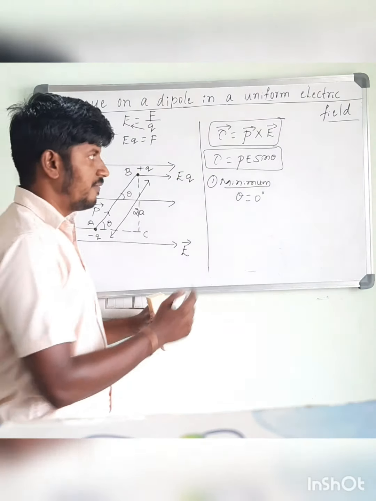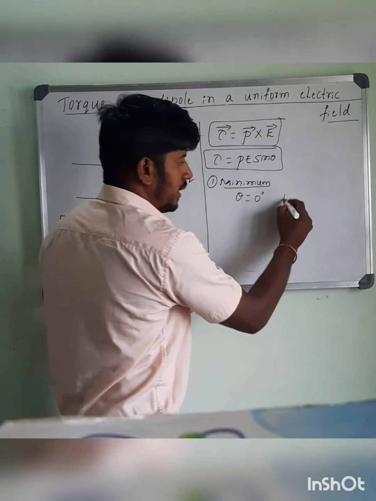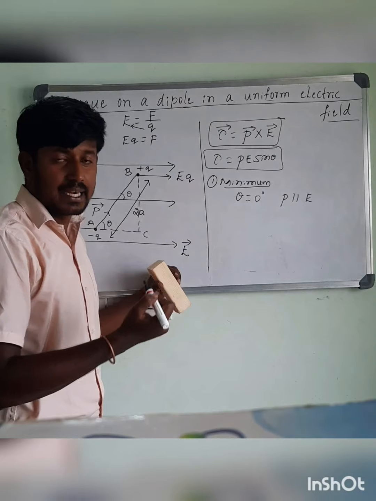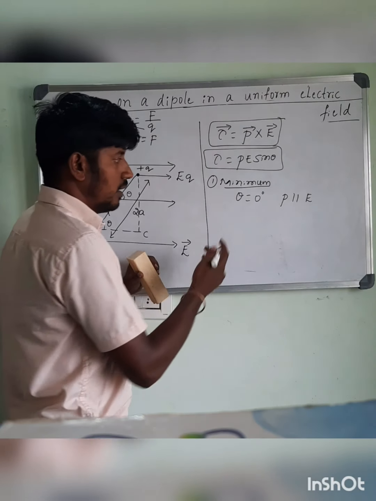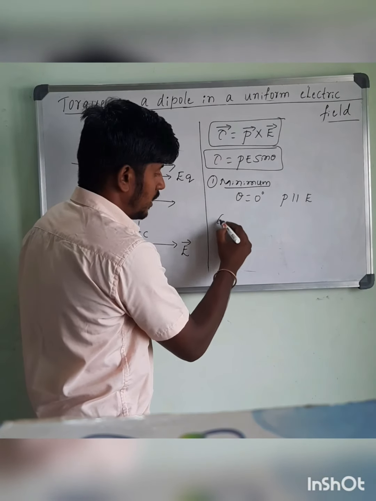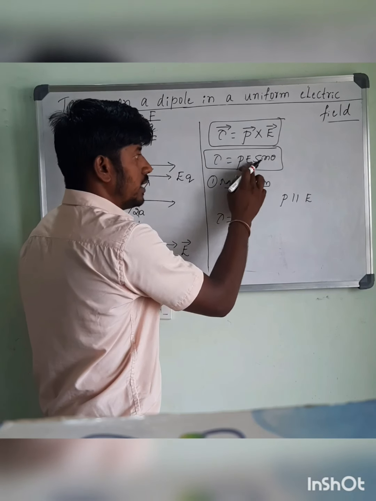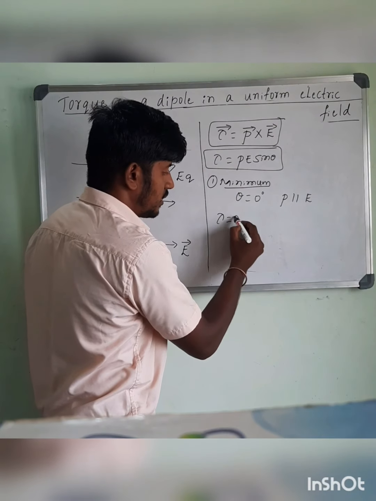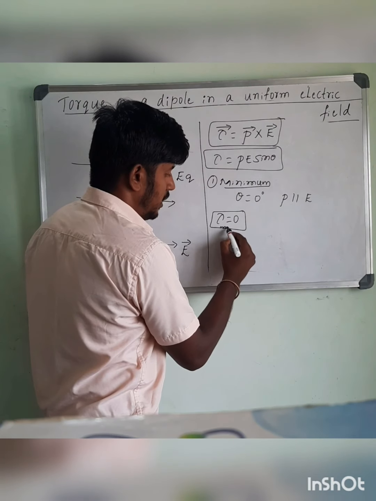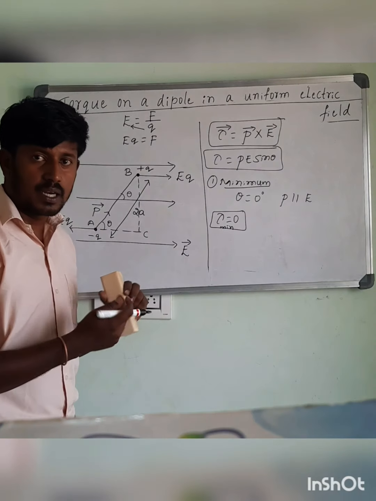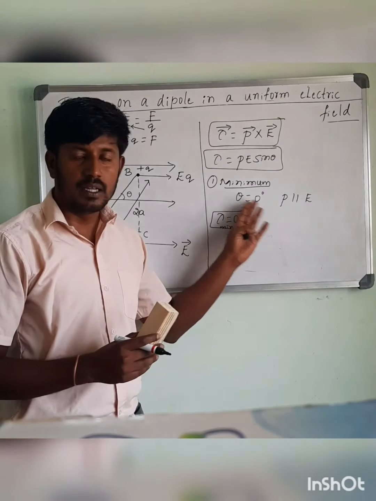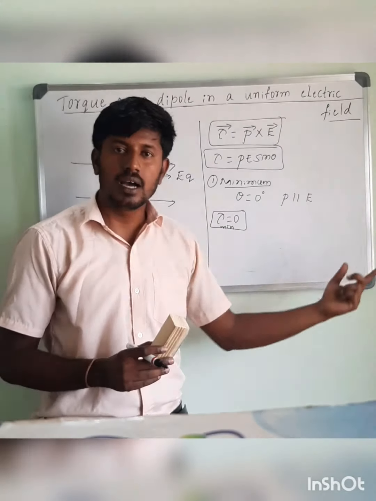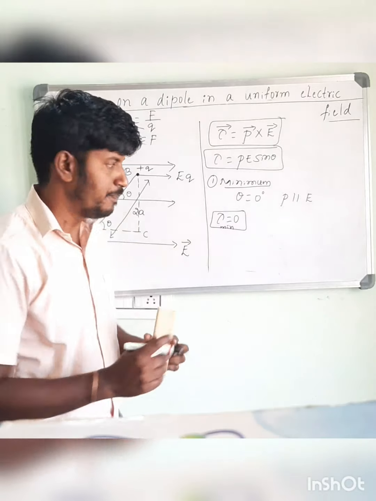So that means if the dipole moment P is parallel to the electric field, then the angle between them is 0. Then what happens? Torque is PE sin theta, theta is 0, sin 0 is 0, 0 into anything is 0. This is the minimum. We can say torque is minimum at theta equal to 0 degrees, or when the dipole moment is along or parallel to the electric field.